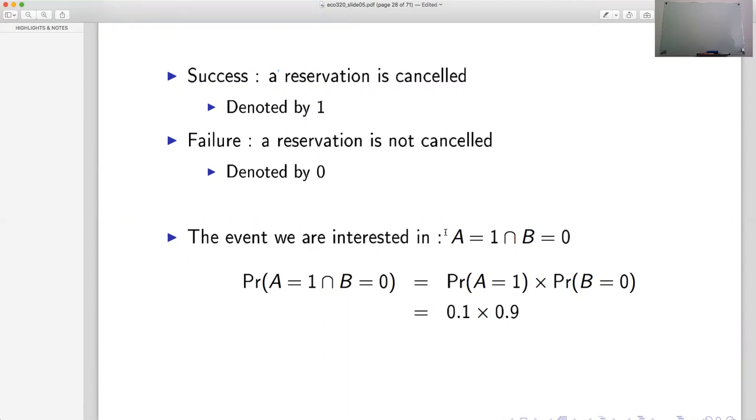So we are interested in the intersection: A equals 1 and at the same time B equals 0. Since they are independent, how do we do that? We just multiply the probabilities, right? The probability of A equals 1 times the probability of B. The reason we are able to use this formula is because they are independent.